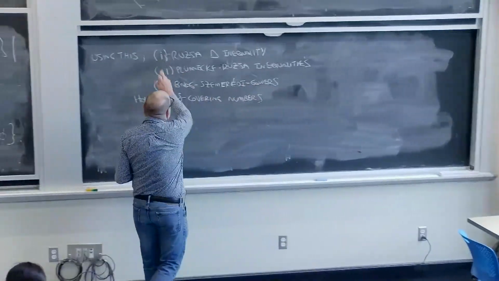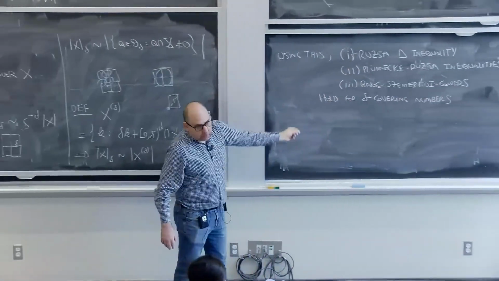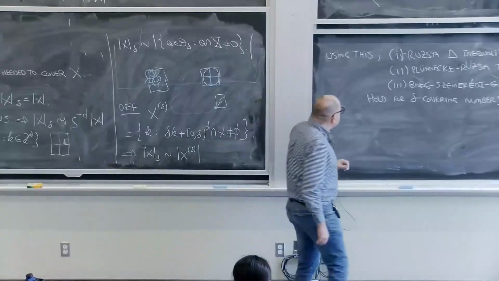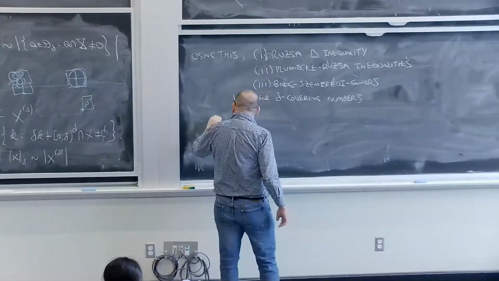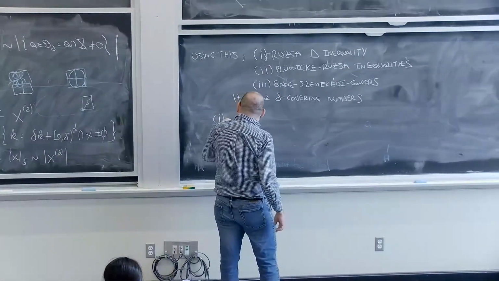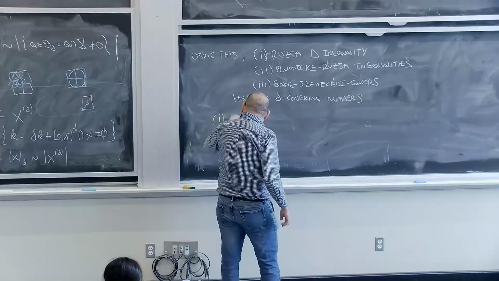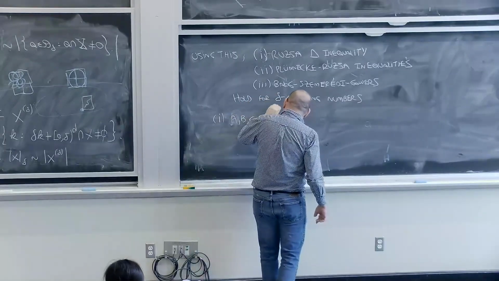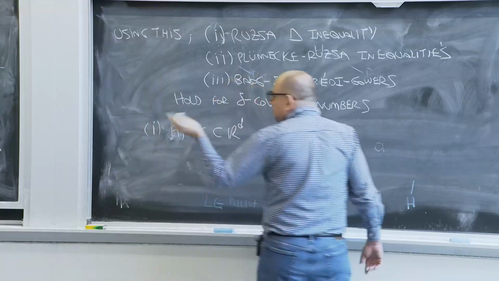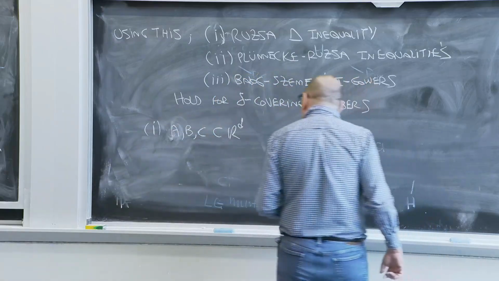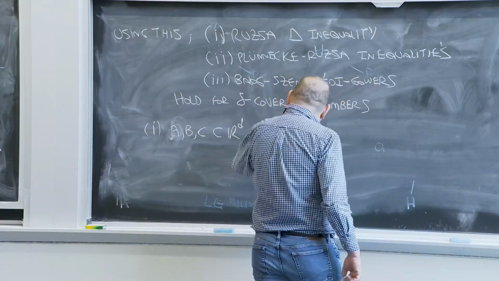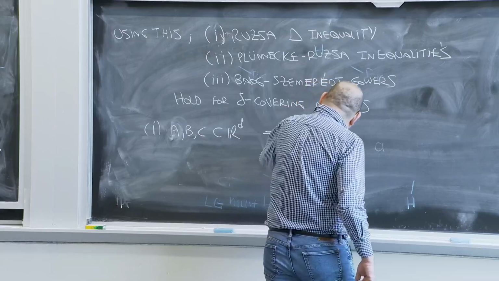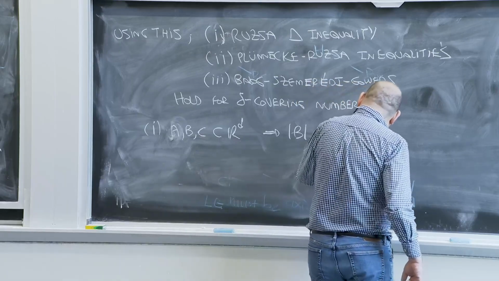Okay, for example, I'm going to state the Ruzsa triangle inequality as a model, and then you can imagine how the other two behave. So we have three sets in the same R^d. Let's say bounded to make sure that the delta covering number is finite. Then let's see if I get this right. If not, you just let me know.